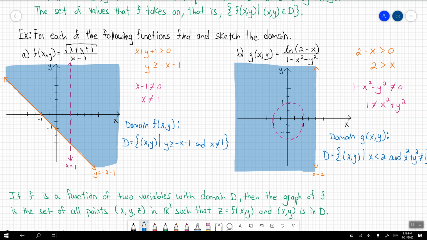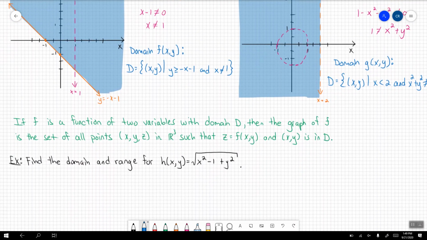And we can say z is equal to this function. Therefore, the output will be some z value. And the collection of all the three components, the x, the y, and the z, the collection of all of those points will then generate a graph in R^3. That's what this final definition was saying.